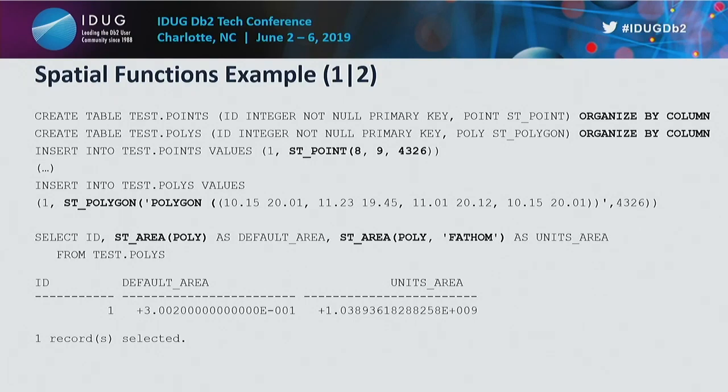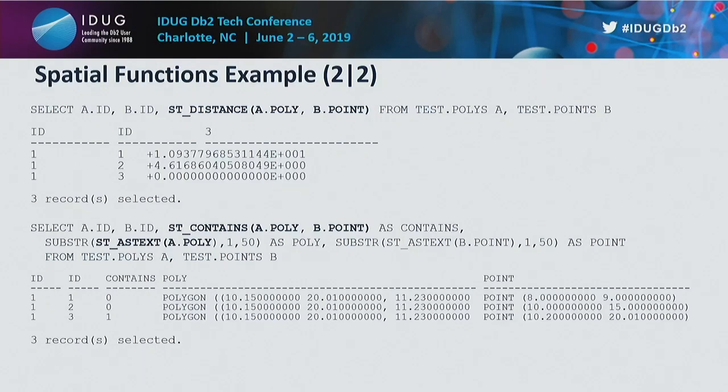Then you can pre-populate them with simple insert statements, and then use the full set of spatial analytic functions to query them. In this case, get the area in fathoms for this particular spatial point or polygon.